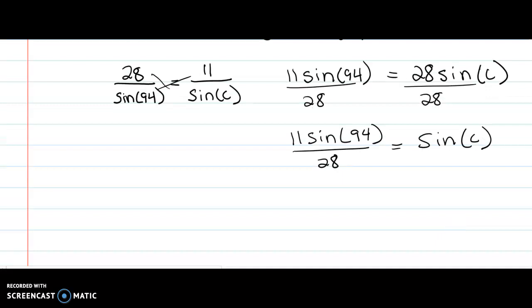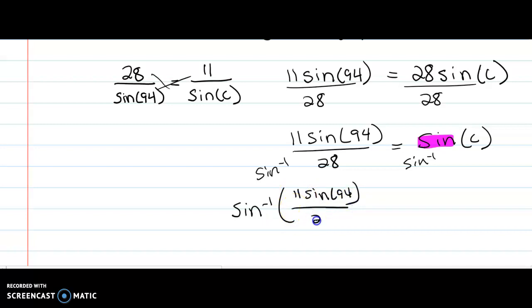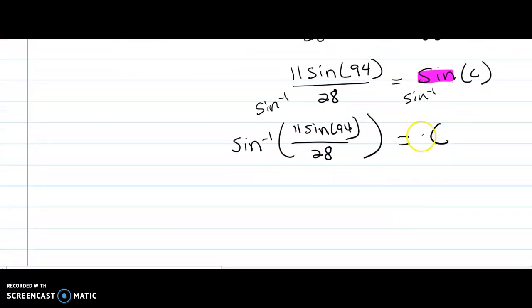So what's a way I can undo this sine? Well, the inverse. So I'm going to use the inverse of sine on both sides. So now I have the inverse of sine of 11 times sine of 94 over 28 is equal to c. I plug that into my calculator. I get 23.1 degrees is equal to angle C.